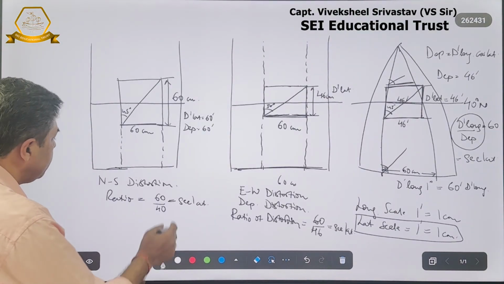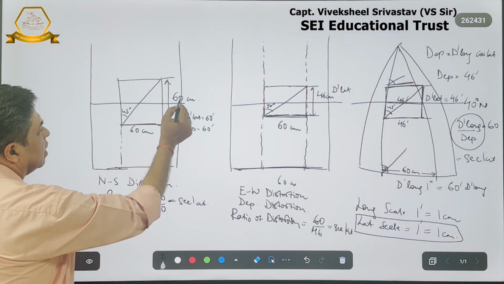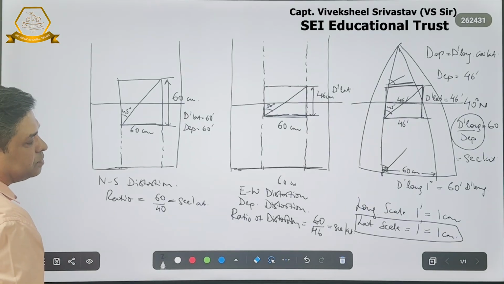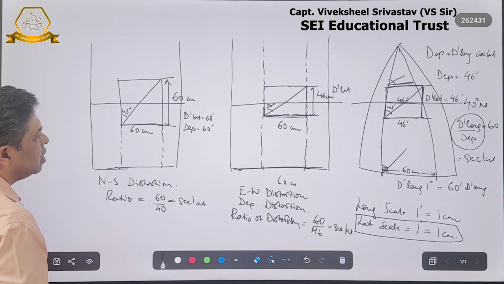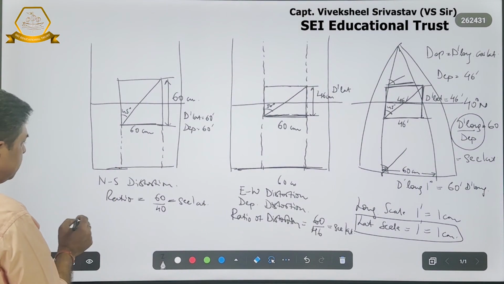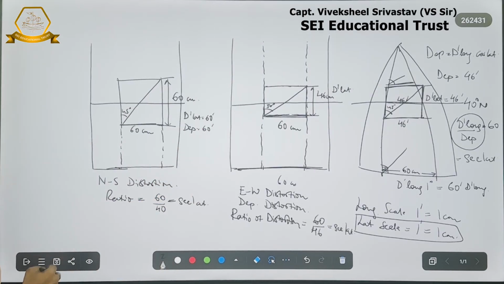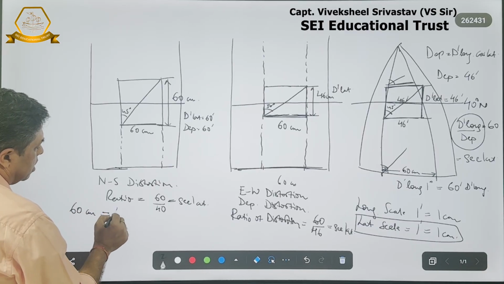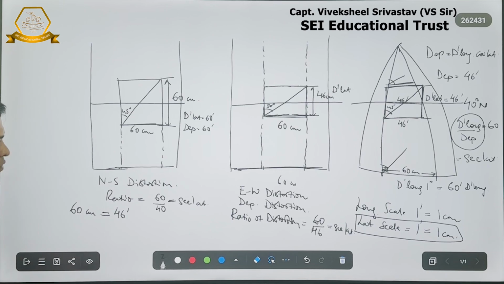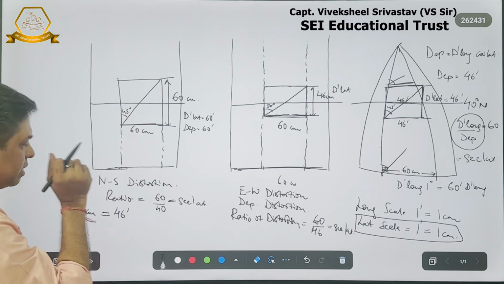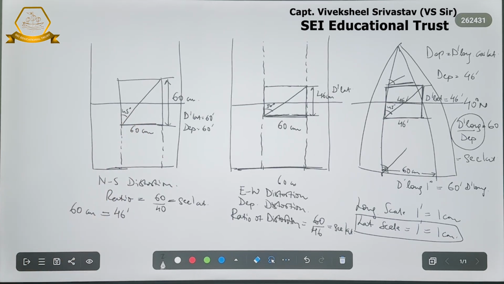Okay, so now 60 centimeters is representing 46 minutes, whether in departure terms or in DLAT terms.